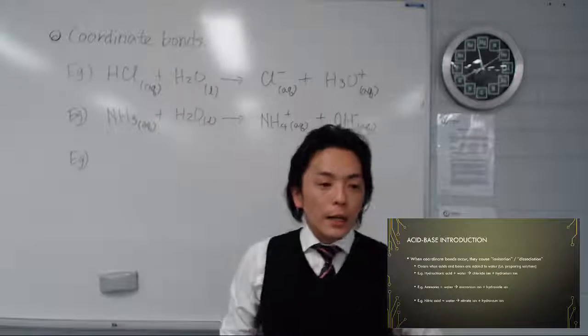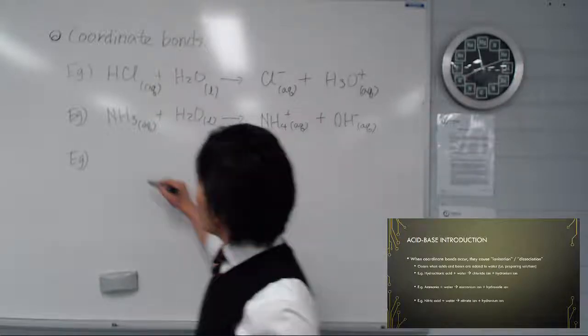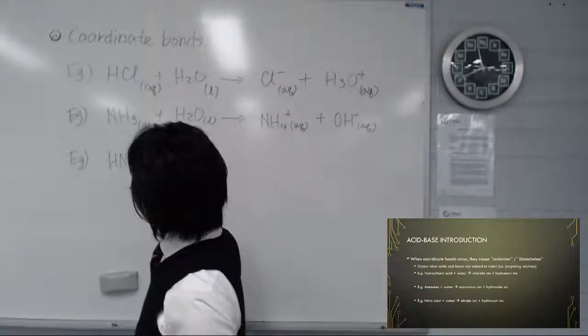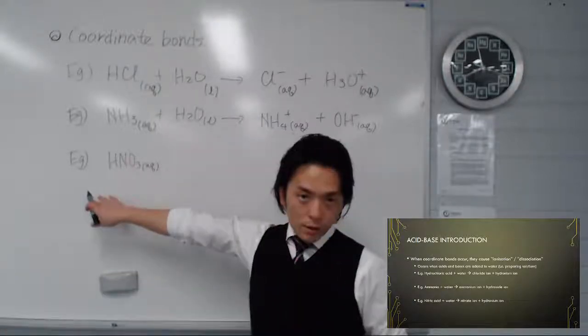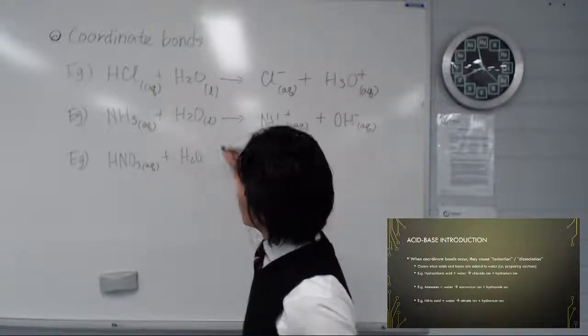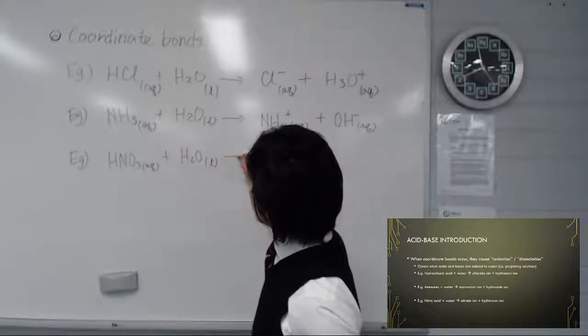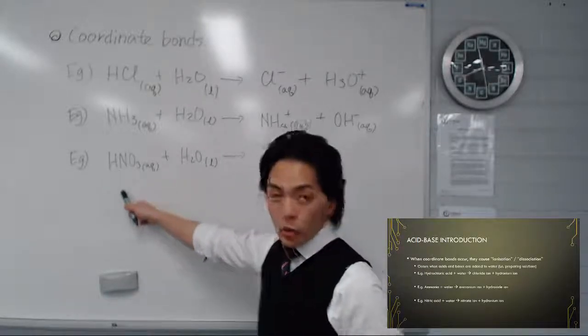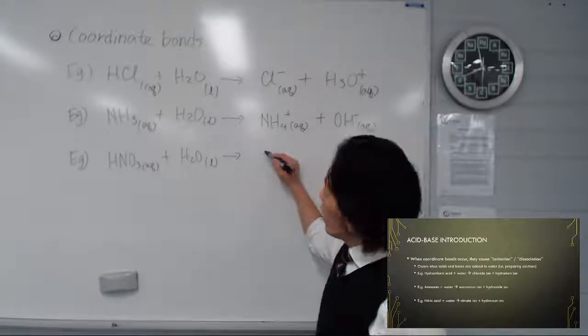Finally, another acid, nitric acid, into water. That's the nitric acid. If you put that into water, same thing will happen. This hydrogen gets donated, makes a coordinate bond with water.